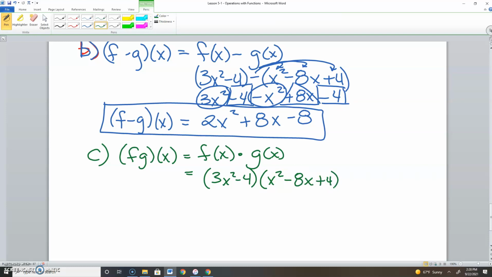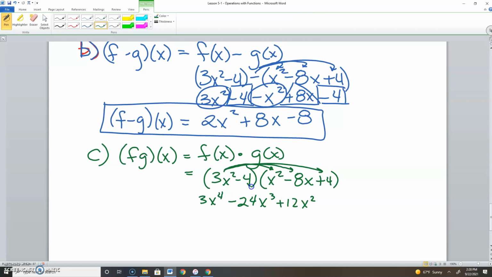And honestly, for this problem, this is going to be the most difficult because we're going to have to multiply these together. It's even more than FOIL. We're going to be really just distributing. So I'm going to take my 3x squared times x squared, which is 3x to the 4th. 3x squared times a negative 8x is a negative 24x cubed. 3x squared times a positive 4 gives me a positive 12x squared.